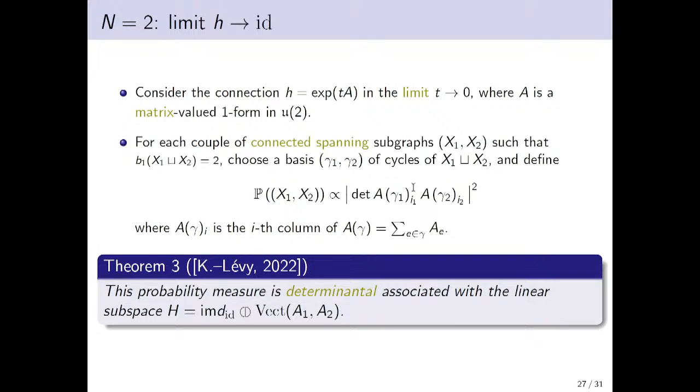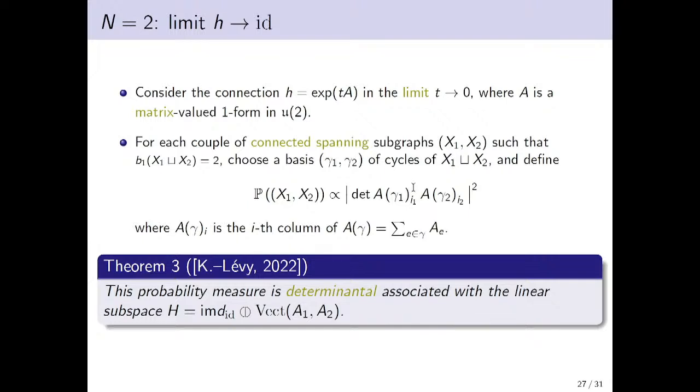You have this matrix valued one form. Given a cycle, you can integrate the form along the cycle. I take gamma 1, gamma 2 to be a basis of the cycles, and then the index I1 just corresponds to: is gamma 1 inside x1 or inside x2? Because as I said, the total number of cycles is 2, but they could be both in x1, both in x2, or separated.